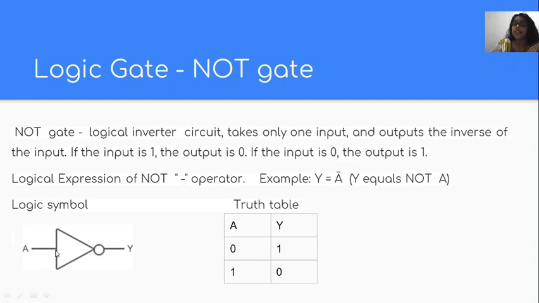All the other gates can have two or more inputs, but the NOT gate will always have one input. Coming to the truth table, if A is input and Y is output, if A is 0, output will become 1, and if A is 1, output is 0. So logical inversion is happening.